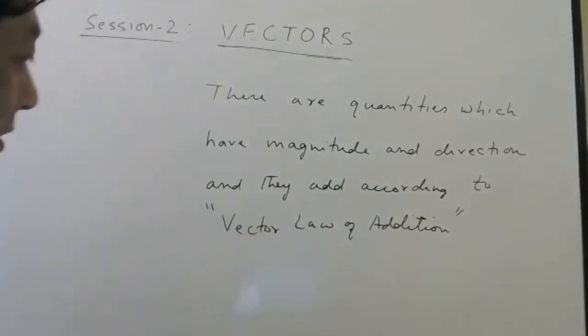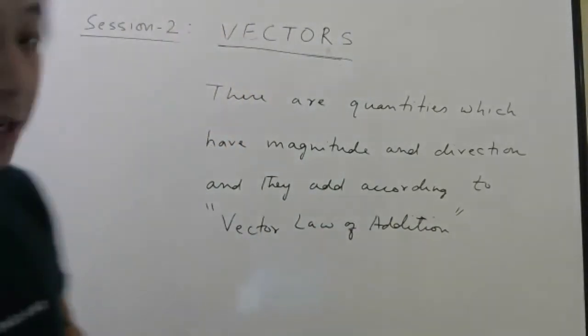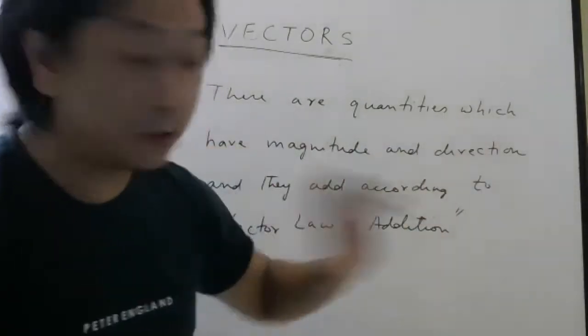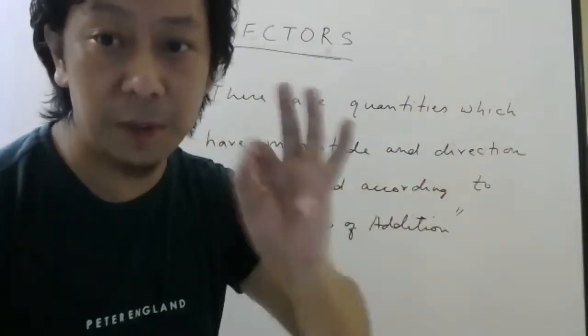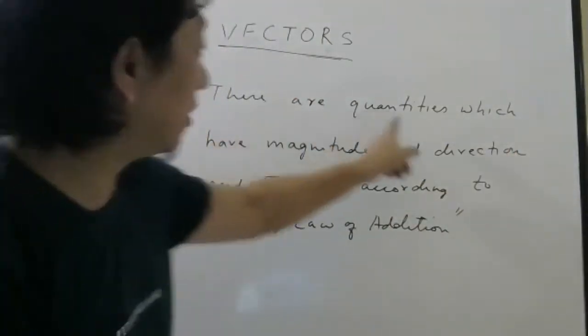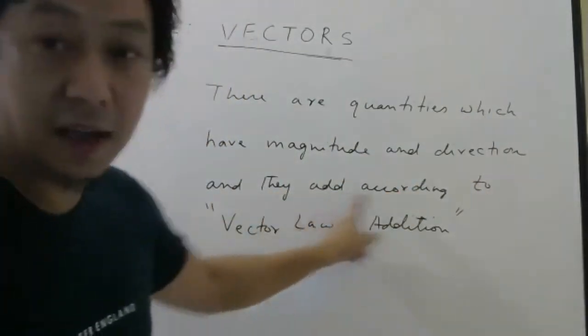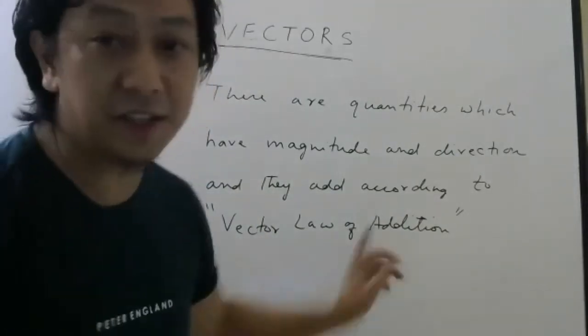Okay, so please keep this in mind. So what are vectors? These are quantities which have magnitude and direction. Don't stop there. Many students stop there only. I don't want that. My students should be perfect. These are quantities which have magnitude and direction, and they add according to a certain law, which is called vector law of addition.